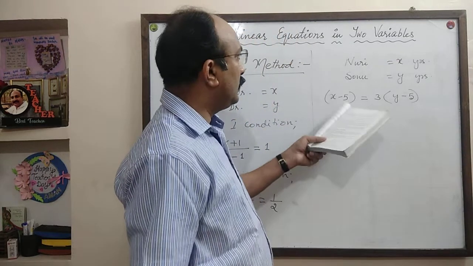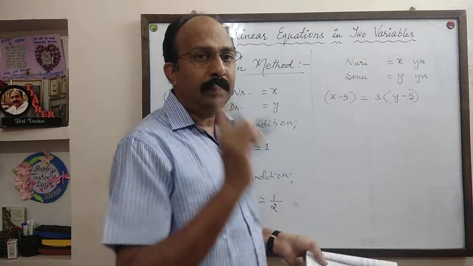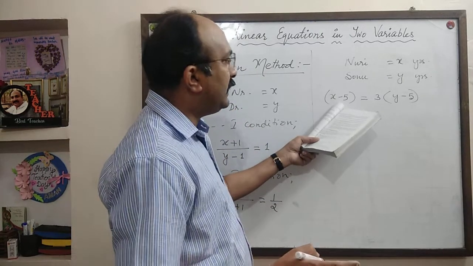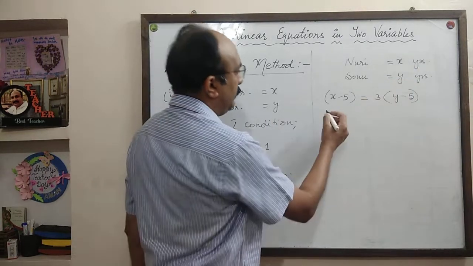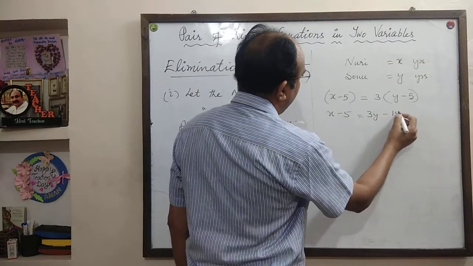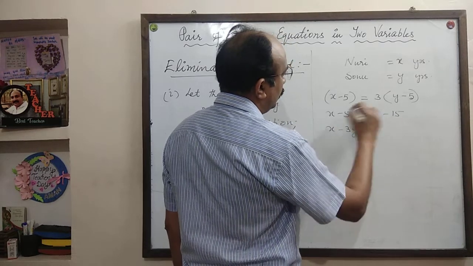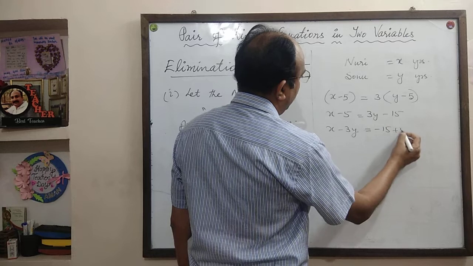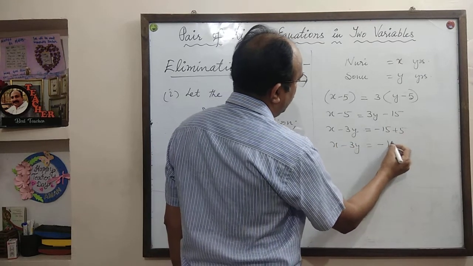According to the first condition, x minus 5 is equal to 3 times y minus 5. Open the bracket. x minus 5 is equal to 3y minus 15. x minus 3y is equal to minus 15 plus 5. x minus 3y is equal to minus 10.